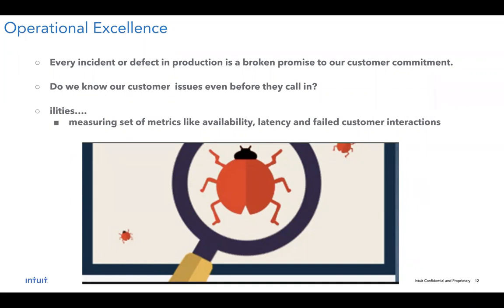Having that acknowledgement encourages your teams to build the right set of instrumentation and monitoring controls to handle latency, to handle availability, and even detect failed customer interactions or intrusions, which are security defects in your product. Having them proactively looked at every day by your teams is also innovation, because innovation is not only about acquiring customers. Innovation is also about retaining customers and preventing your leaky bucket.